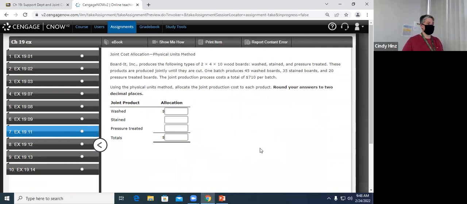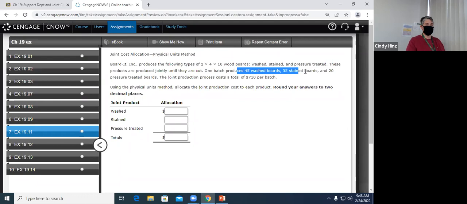Boarded Incorporated produces the following types of 2x4x10 wood boards: washed, stained, and pressure treated. So the boards are produced jointly until they're cut, and we end up with a bunch of 2x4x10 boards, and we decide that some of them are just going to get washed, others will get stained, and then some will be pressure treated. So the cost of getting it to the point that they're cut, and then we differentiate between the three products, the total cost is $710 per batch.